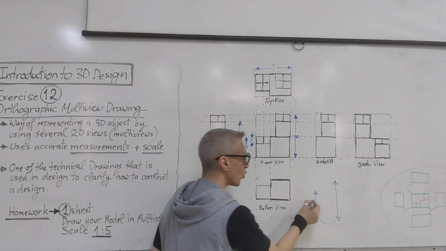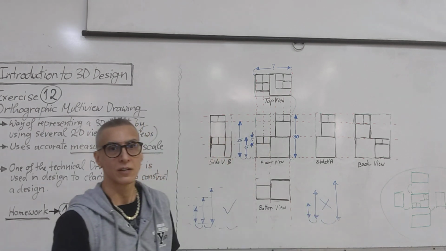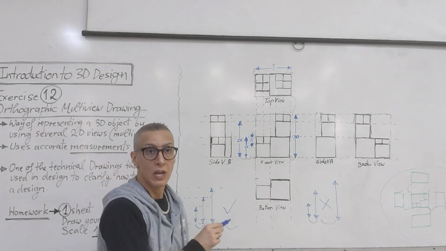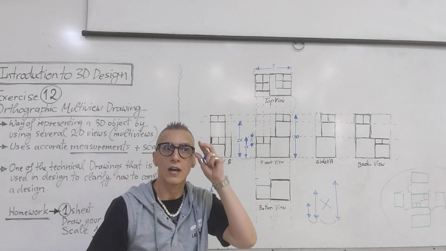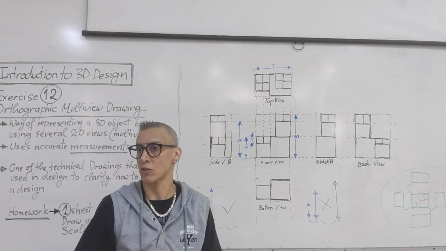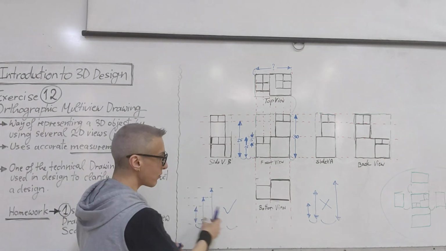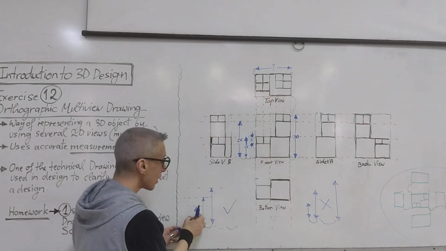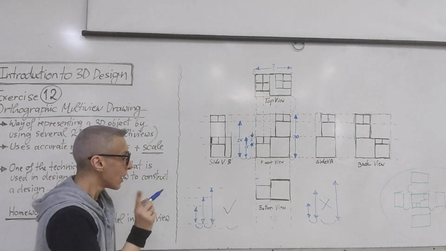Okay? This, no. All of them must be the same. Listen carefully, because each of these things not applied means you have a mistake on the drawing. So the spaces need to be the same, not only the major spaces of the different views, but also the measurement lines.